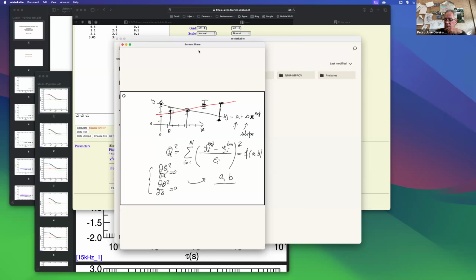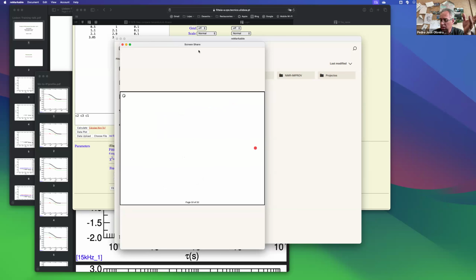linear on the parameters. If you are wondering what this means, if you remember, I wrote you here the expression for the magnetization decay. Okay, so for this magnetization decay, what are the parameters?